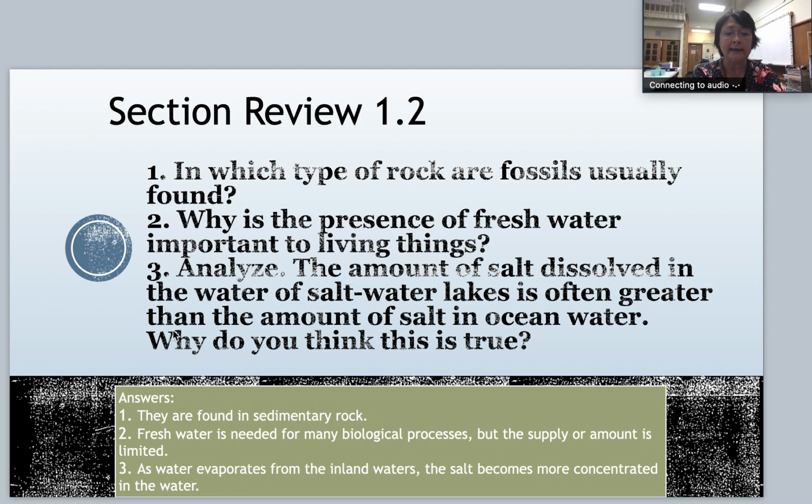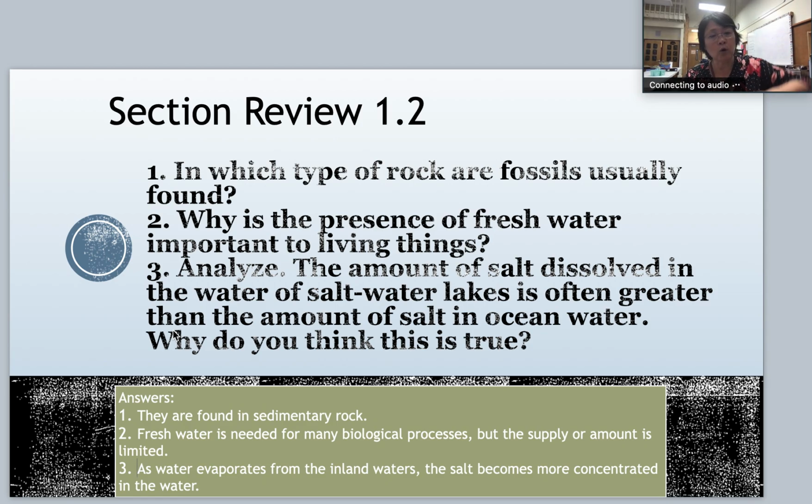So, okay. Number 3, analyze. Think about this question. The amount of salt dissolved in the water of saltwater lakes is often greater than the amount of salt in ocean water. Why do you think this is true? As water evaporates, the salt that is left within the lakes becomes more concentrated in the water.